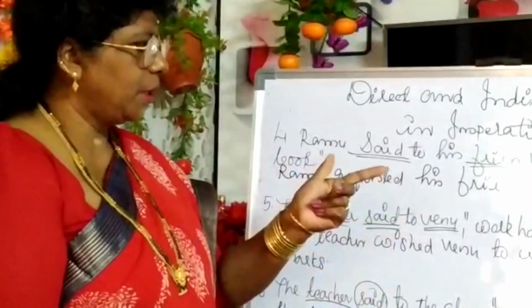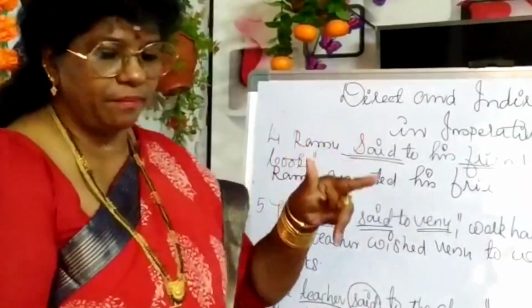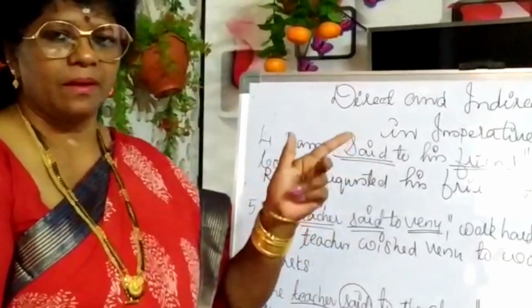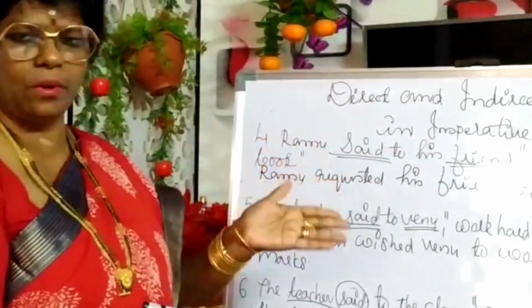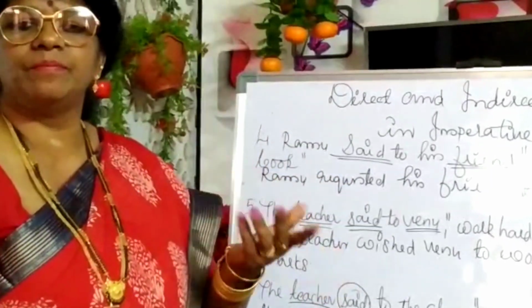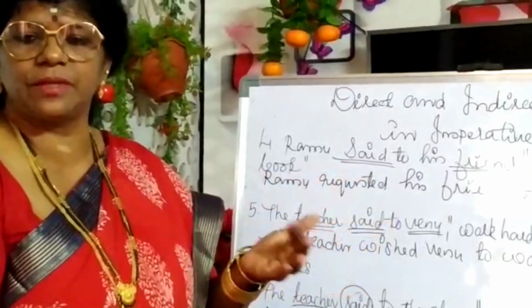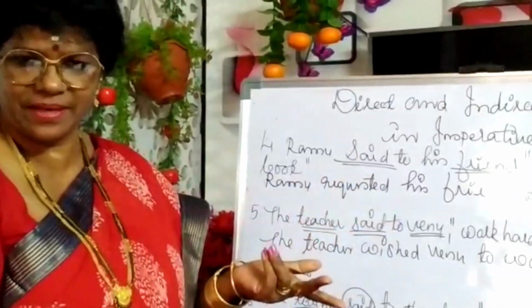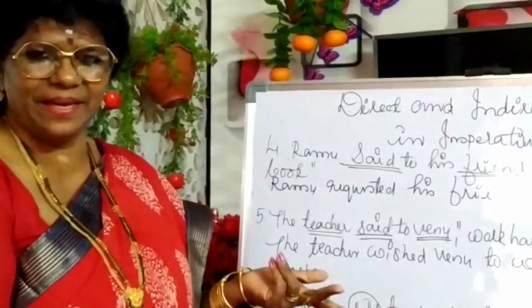And we can use the to infinitive and change the sentence from direct to indirect speech. So if you go through all these rules, you will become very accustomed to direct and indirect speech, and that too very fast. Okay, I think you all are following very nicely.